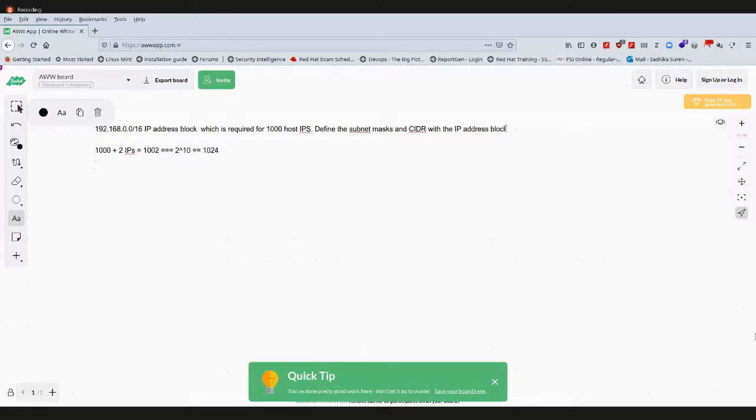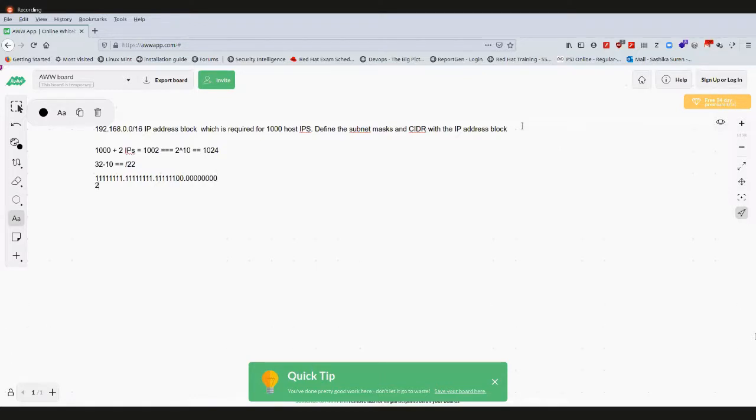That means we need to use 10 bits for the host portion of the 32-bit subnet mask, so the slash notation will be /22. That means 8 ones, dot, 8 ones, dot, 6 ones, and the rest are zeros.